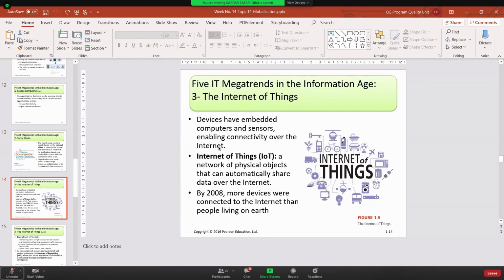So, do you have any idea about the Internet of Things? Yes, sir. Can you share any idea? Like when you connect your house by using the Wi-Fi, you can open the lights by using your voice, or you're connected with Alexa.